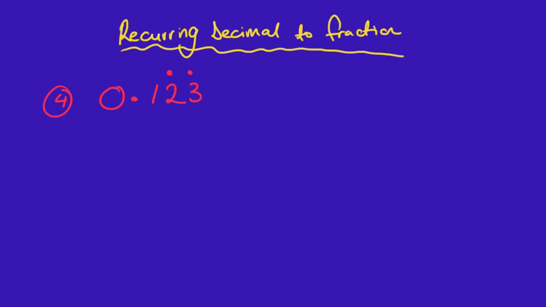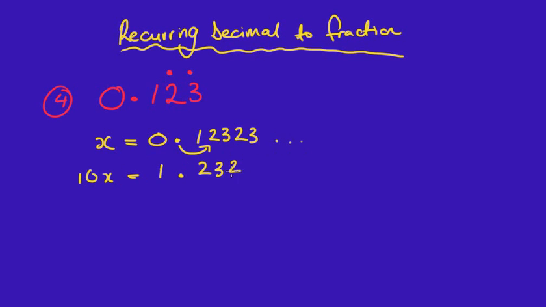Okay, so once again, all the steps are the same. x equals 0.1, and this one I'll do to 5 decimal places, just so I can see the recurring. I'm going to do 10x to make it 1.2323. Okay, they're not the same, so let's go to 100x.